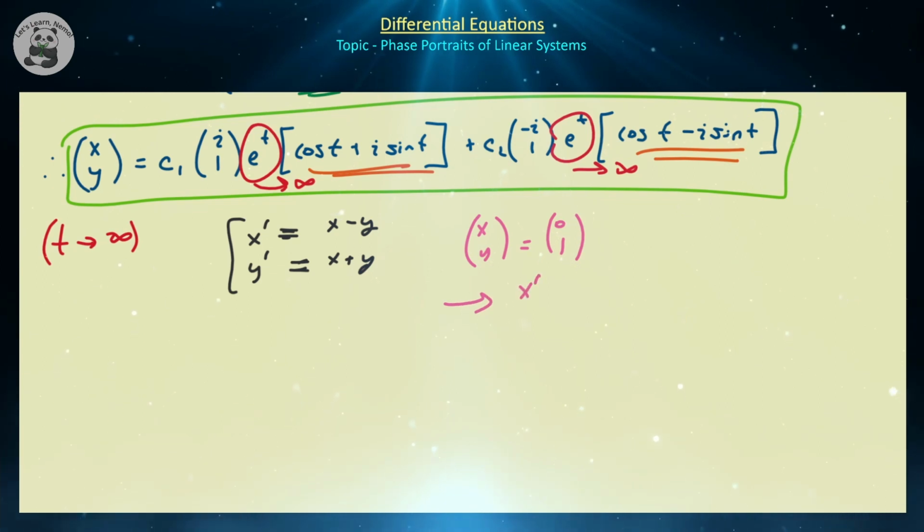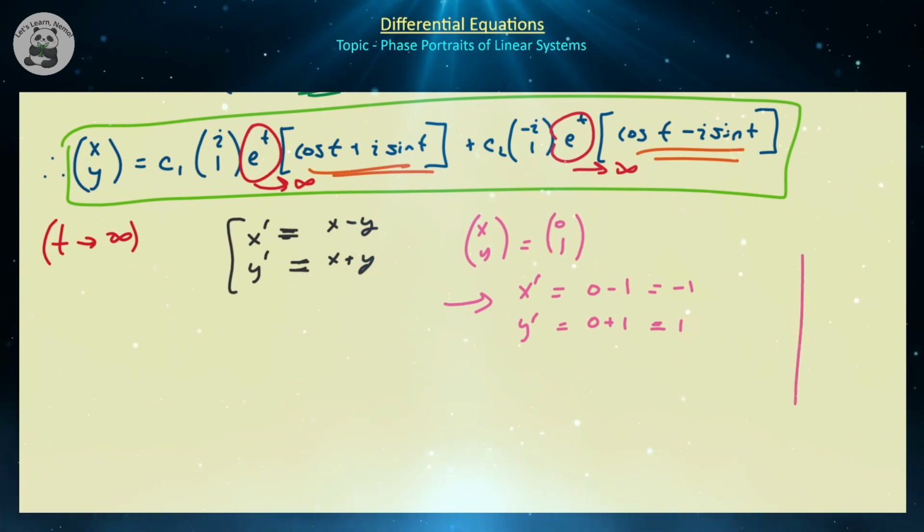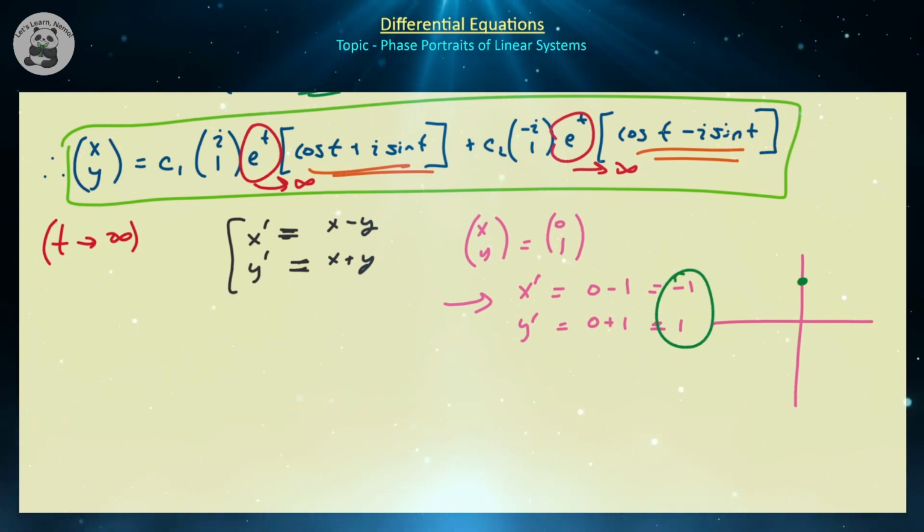At that particular point (0, 1), (x', y') is equal to (0 minus 1, 0 plus 1), which is equal to (-1, 1). So at the point (0, 1), which is up here, I'm going to have a velocity vector of (-1, 1). So I'm going to be pointing in that direction.